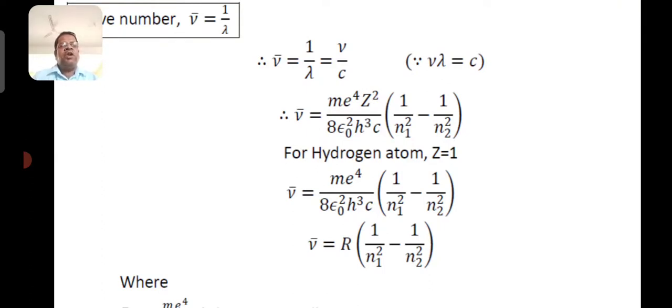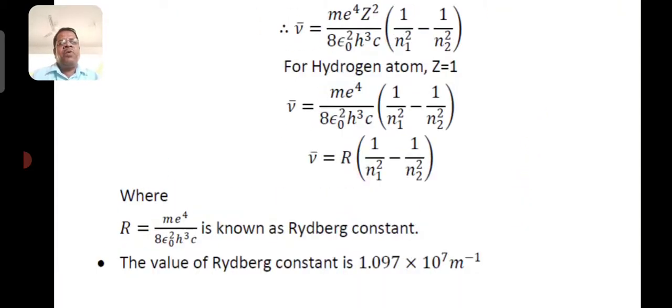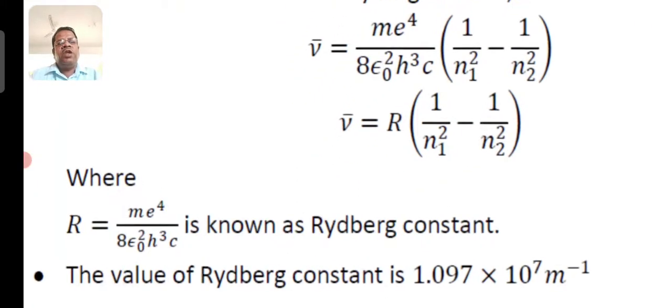We have to denote it by capital R, where capital R equals to m into e to the power 4 divided by 8 epsilon naught square h cube c, known as Rydberg constant. Substituting the values of all those constants and simplifying, we get the value of Rydberg constant as 1.097 into 10 to the power 7 per meter.